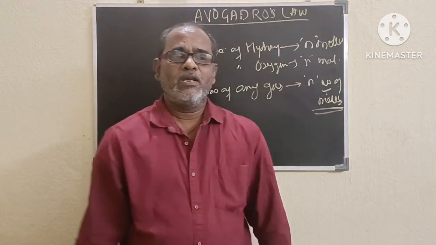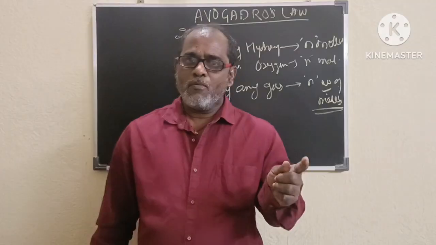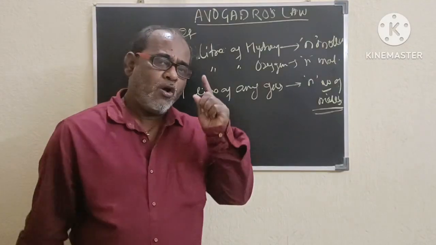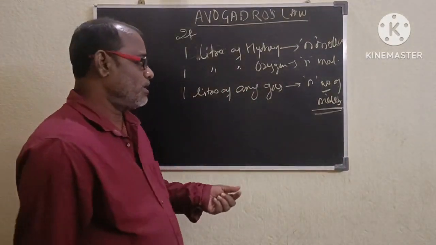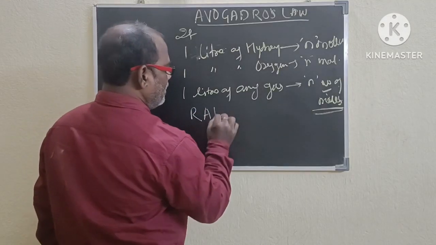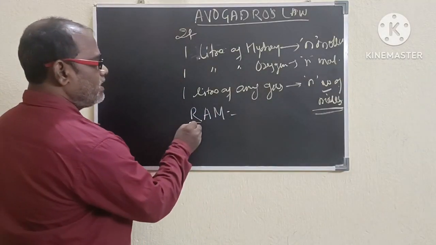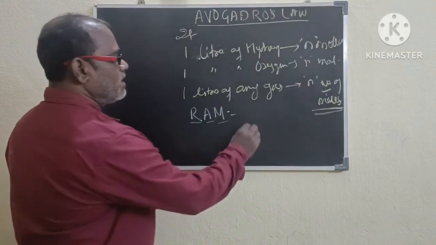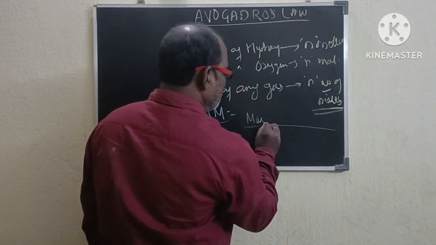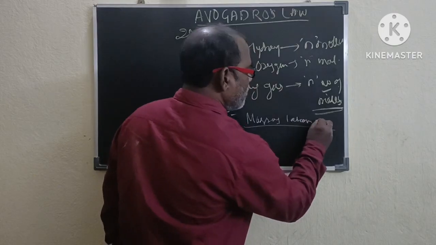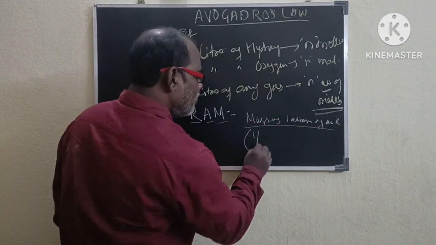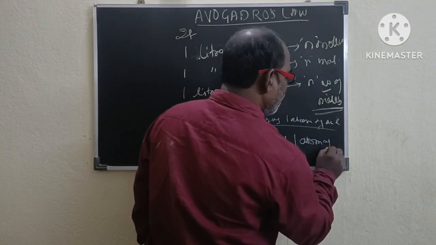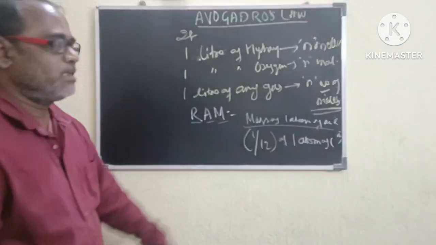Relative atomic mass is the mass of one atom of an element divided by 1/12 the mass of one atom of carbon 12. So this is what we say is RAM.